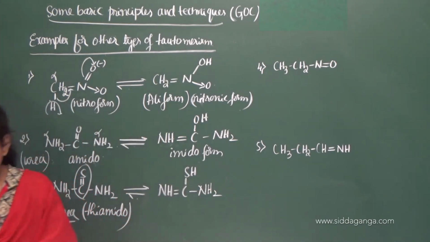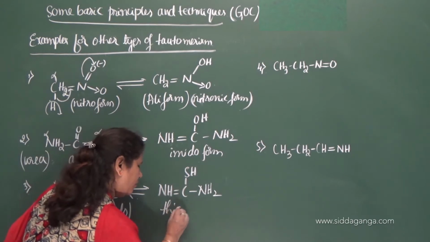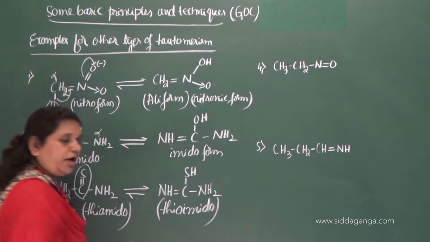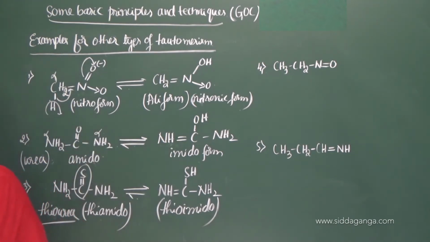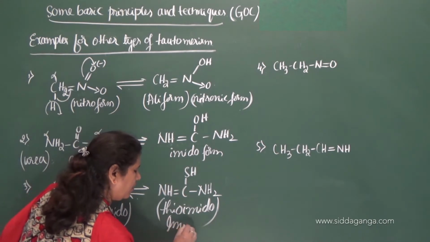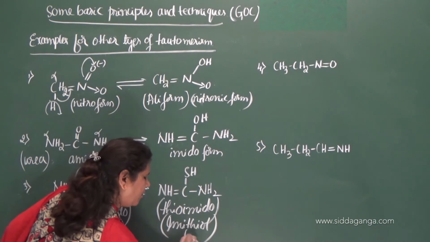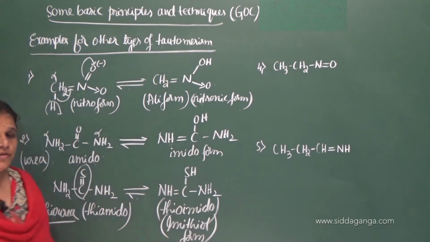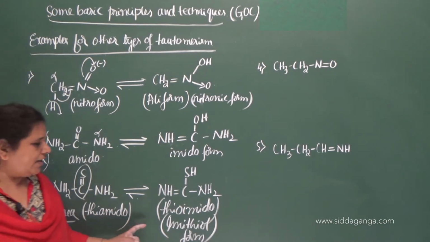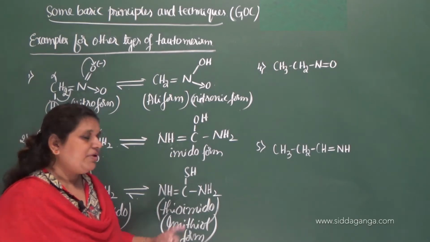Then what is the name? Thioimido. So thioamido form to thioimido form, or you can also call it imethiol form. So this is thioamido and this is the imethiol form or thioimido form.